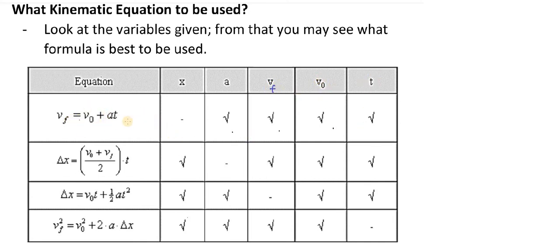So, with that, ito yung gagamitin na formula. Kapag naman walang acceleration, pero halimbawa, ang hinahanap ay final velocity, okay, you can use this formula and so on. Okay, you can use this table para makita nyo ano yung mga available na variables or na given so that you may know what equation you will be using.